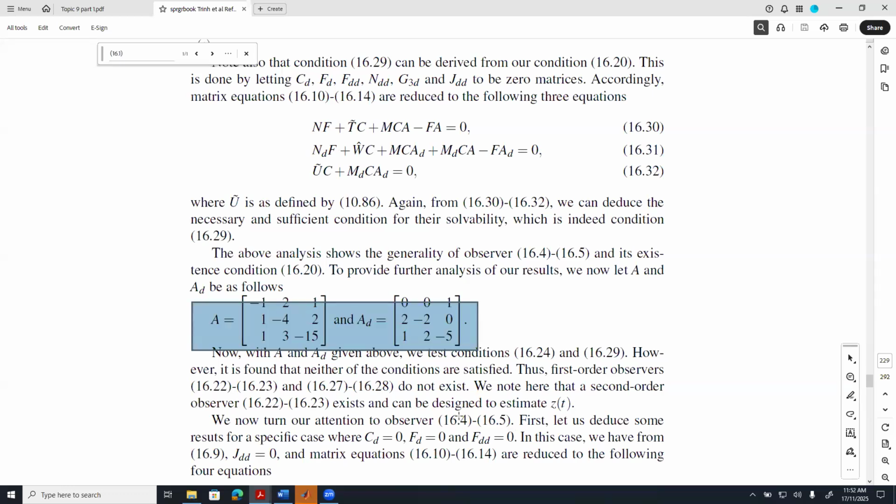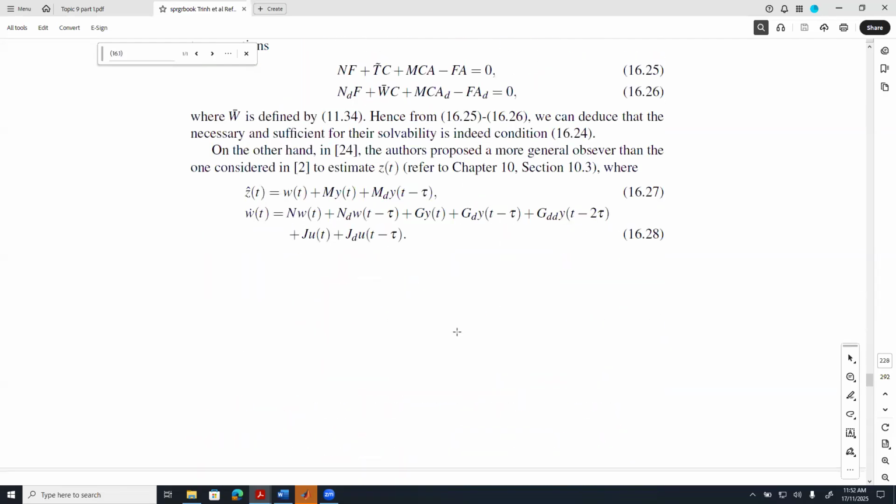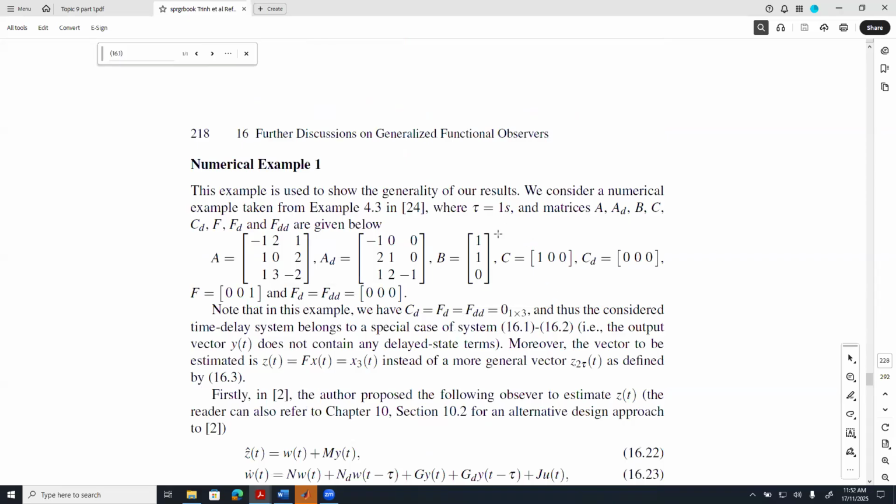All right. So we say, let us try to design a functional observer to just estimate the unmeasurable state variable x3 of t. Now, remember in this example in here, we have only one output measurement, which is x1 t.